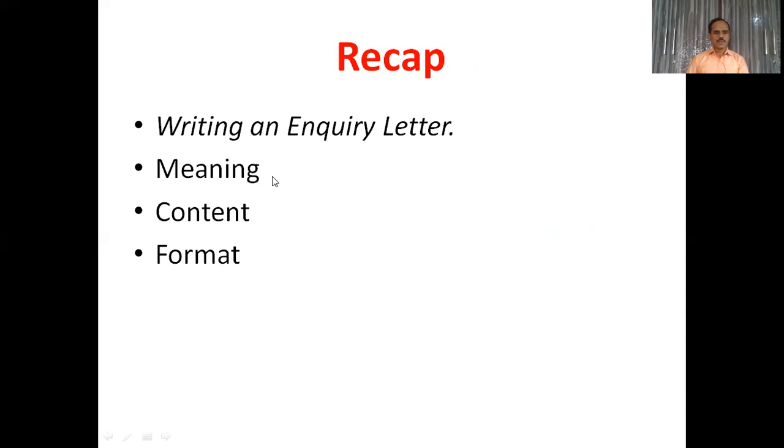We learned the meaning of an enquiry letter. We also discussed in detail the contents of an enquiry letter. At the same time, we analyzed the format of an enquiry letter. So all this we did in the last class.